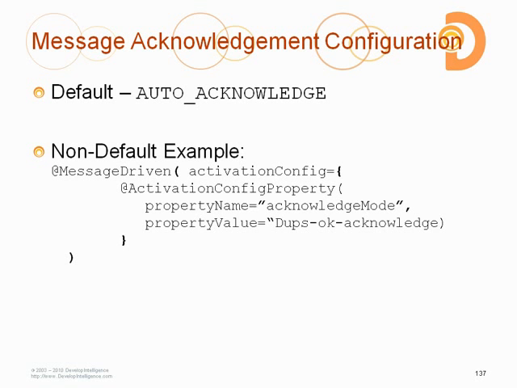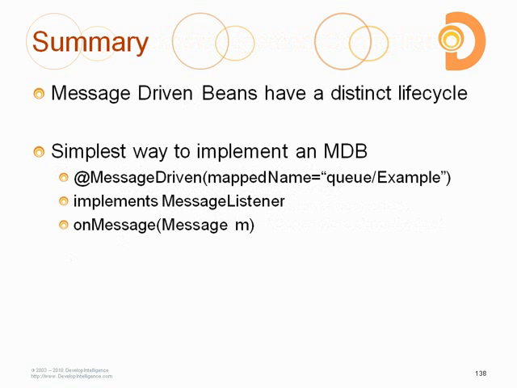All that being said, the stuff that we're looking at from a configuration perspective really comes out of JMS more so than EJB. We're just taking JMS properties, so to speak, and applying them within the EJB world. So if you really want to know more about that, the best place to look is JMS and the specification and the documentation there.